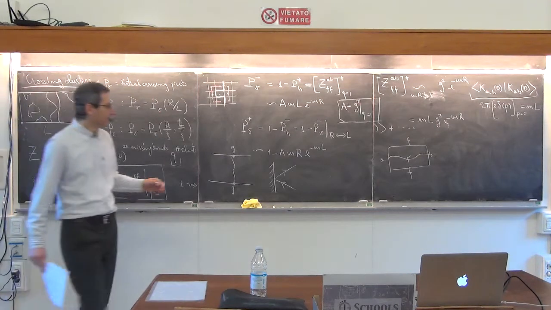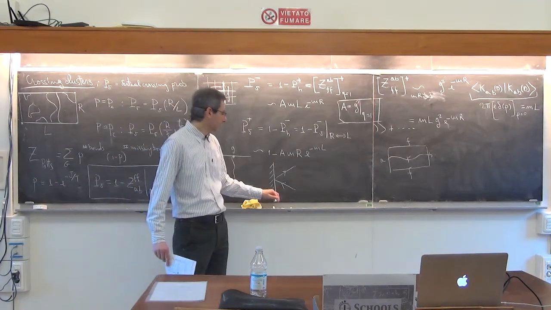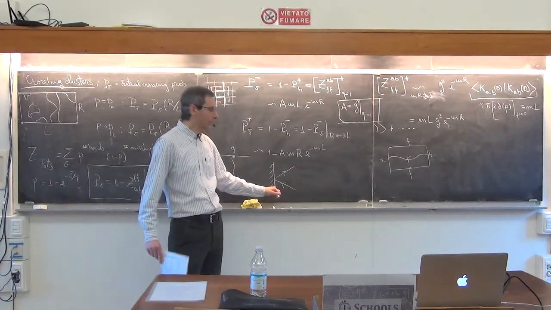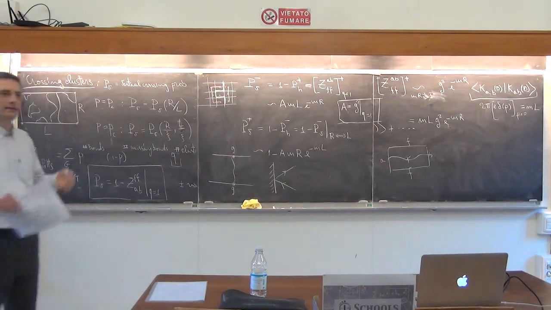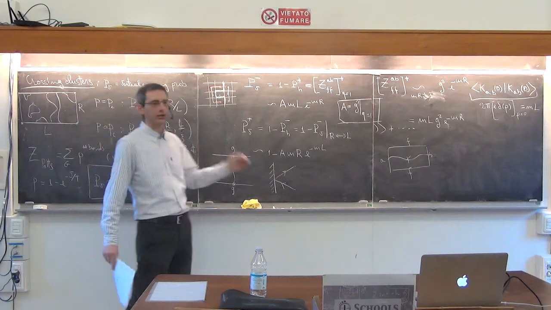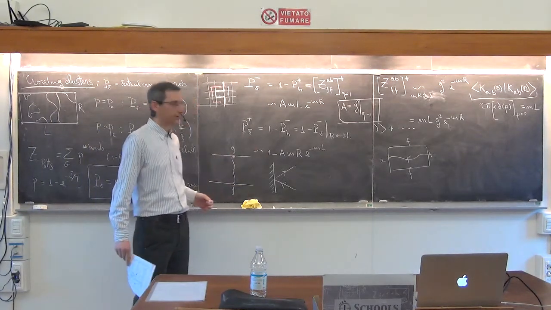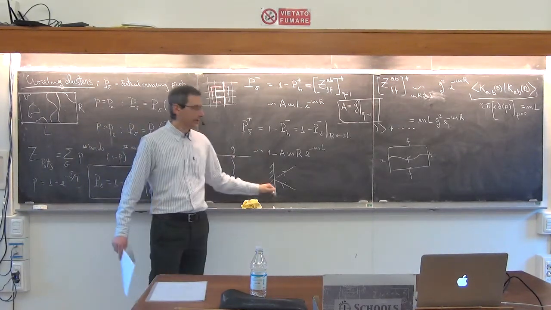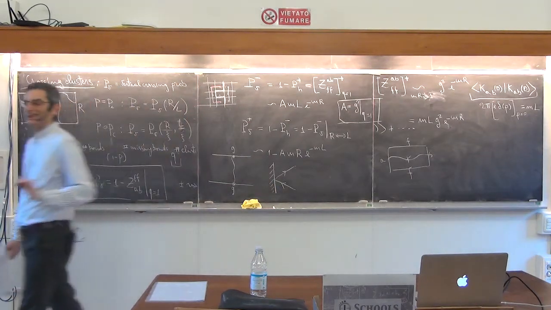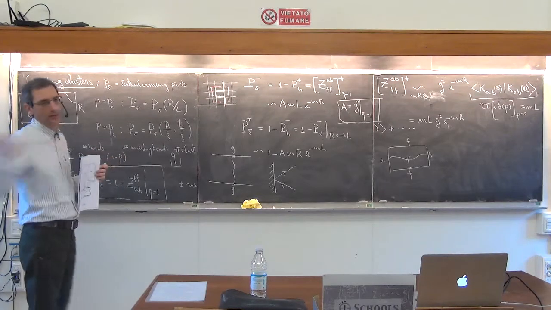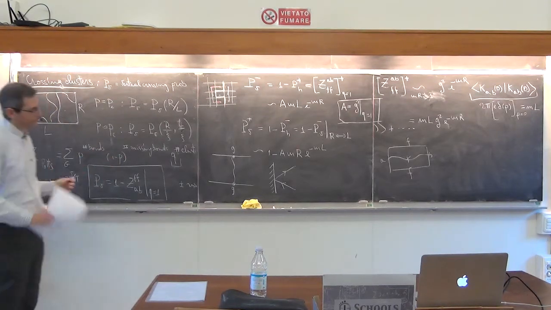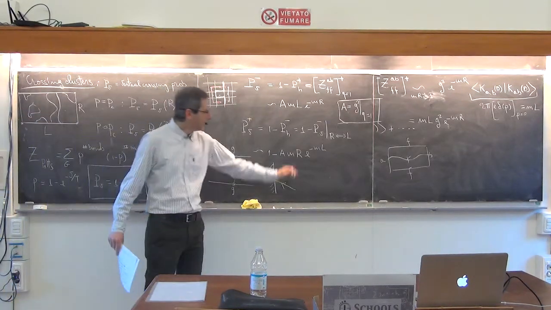Suppose one of the particles in the bulk becomes infinitely massive, and it is stuck at the origin of your space coordinate. So this will play the role of the boundary, and particles arriving at it will be reflected.